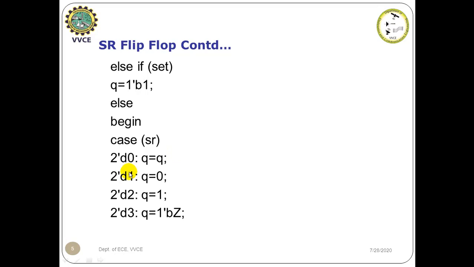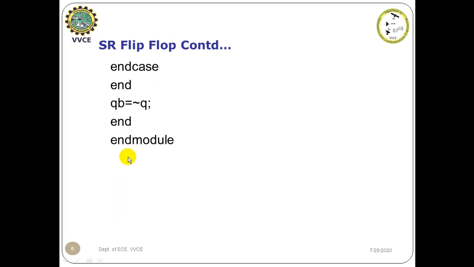When SR is 01, Q is 0 and Q bar is the complement of Q. When SR is 10, Q is 1 and Q bar is the complement of Q. When SR input is 11, Q should go to high impedance state. All the possible combinations in the truth table, I am mapping within a case statement.